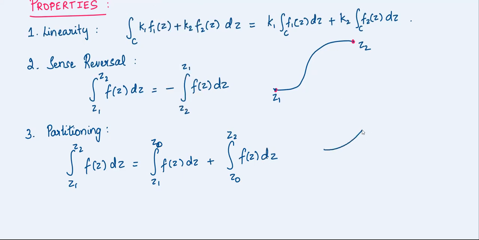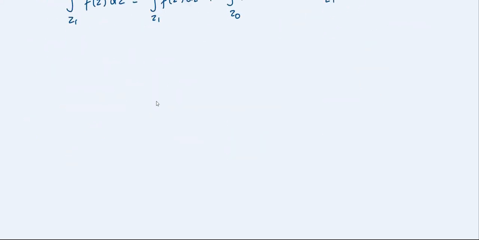Suppose this is the path, Z1, Z2, this is Z0. If there is a partitioning of the path, this integral can be evaluated like this. In the previous case, if we are going from Z1 to Z2 and coming from Z2 to Z1, the integral will change sign by minus 1. So these are the three properties.